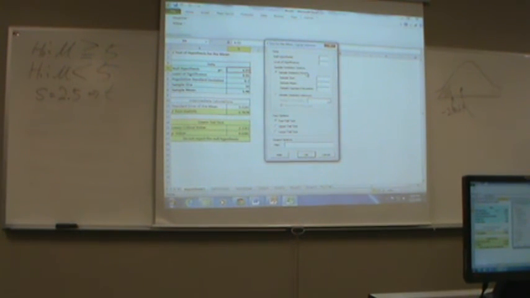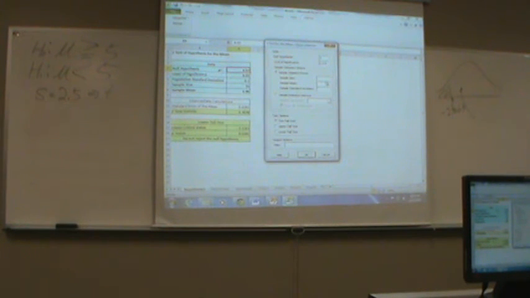Null hypothesis is 5. Level of significance is 0.025, because 2.5% is 0.025.